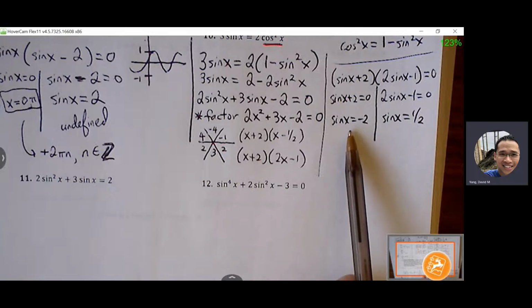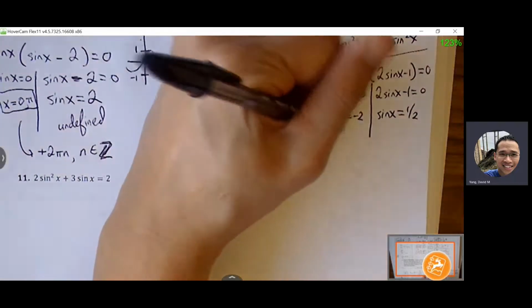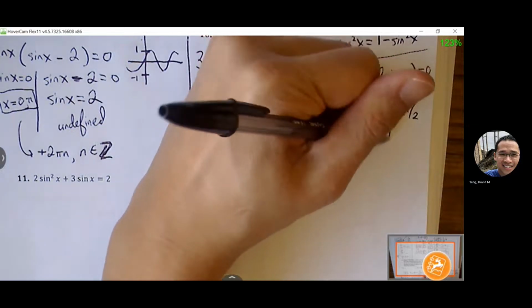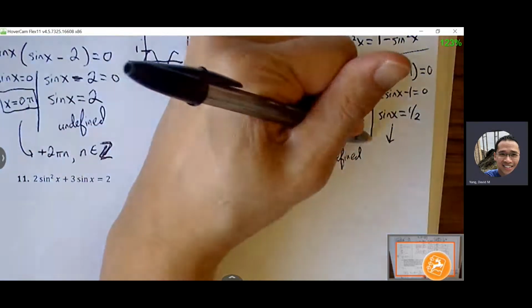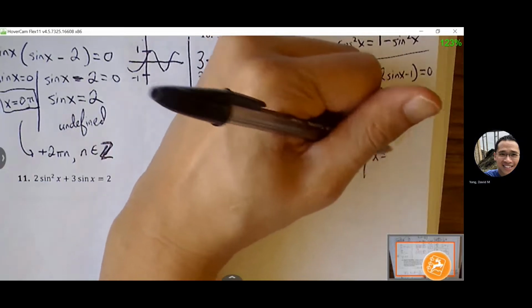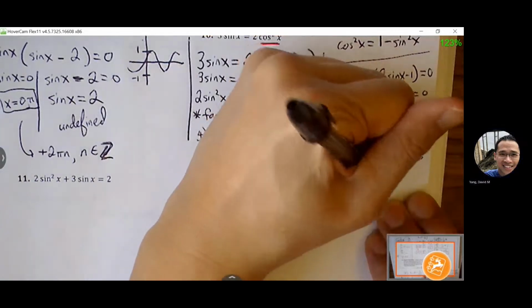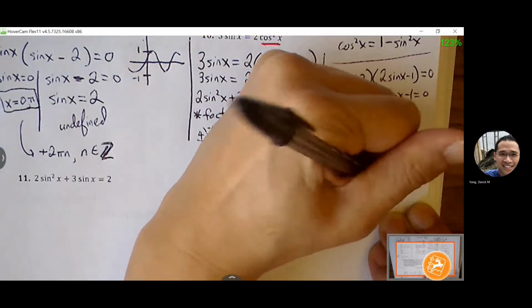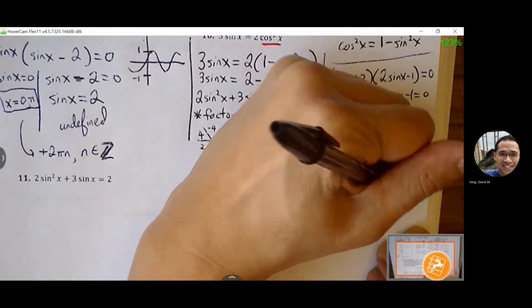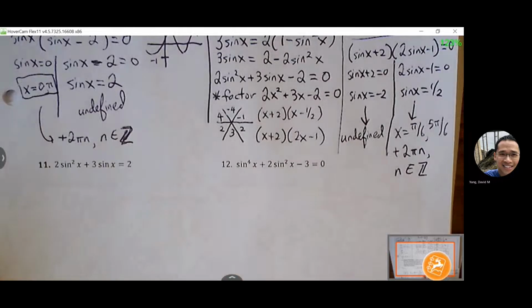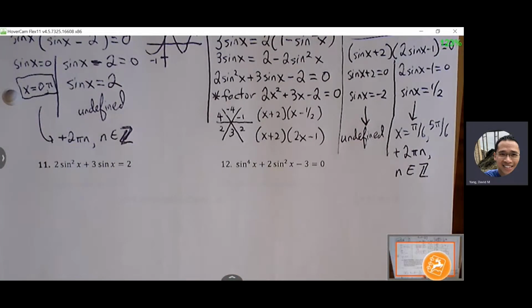Okay, what do you know about sine x equals -2? Undefined. First and second quadrant. Questions?